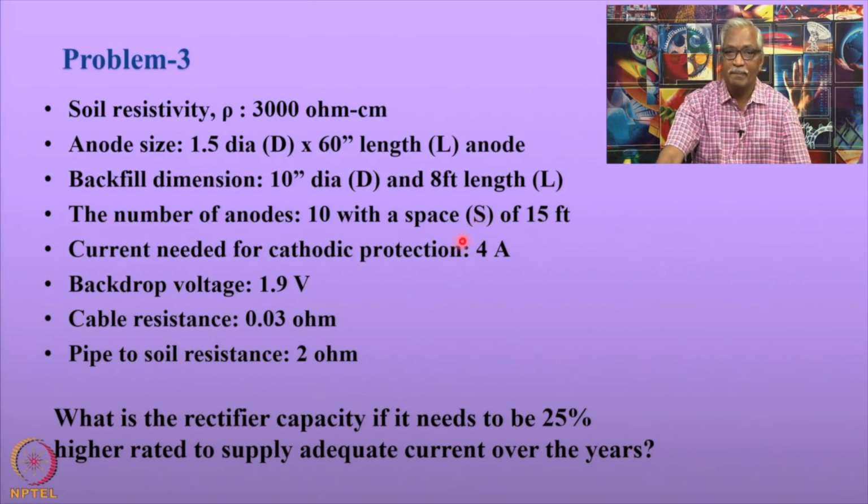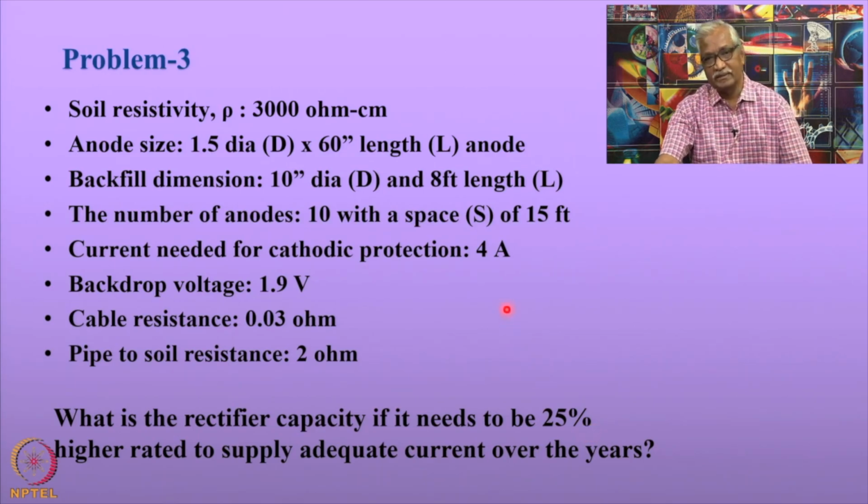The current capacity in terms of amperes is given here, but there is a small caveat that the current required for cathodic protection might vary with respect to time, because if it is coated with a nice coating, as the coating disintegrates, the current requirement becomes more. So, what is given here is that with the aging, the current requirement increases by about 25%.